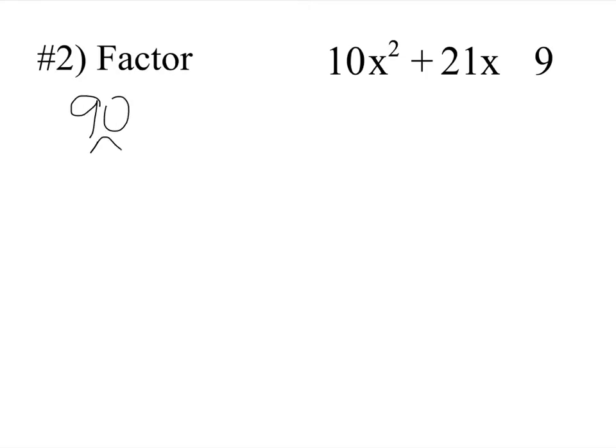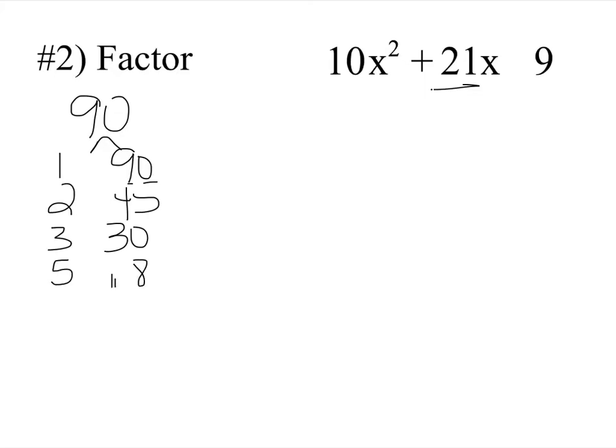Factors of 90 are 1 and 90, 2 and 45, 3 and 30, and remember I'm looking for factors that will give me 21. 5 and 18, and 6 and 15. At that point, 6 and 15 can give me 21, so I'm going to use those.